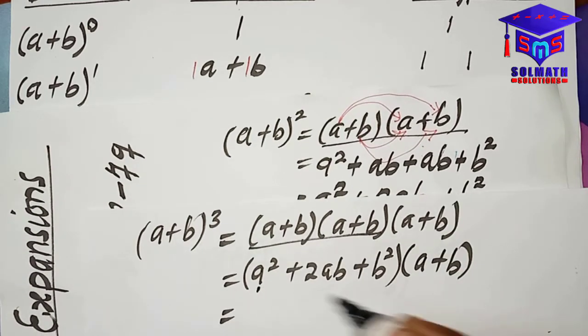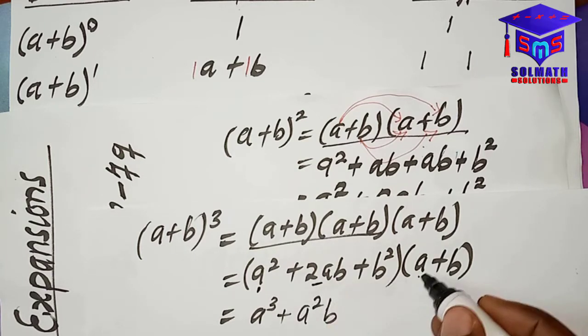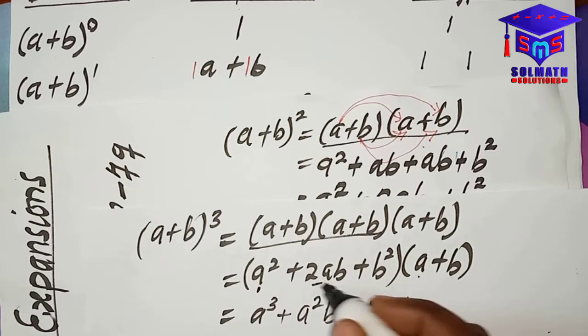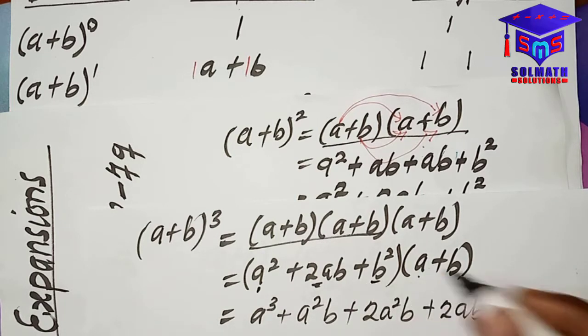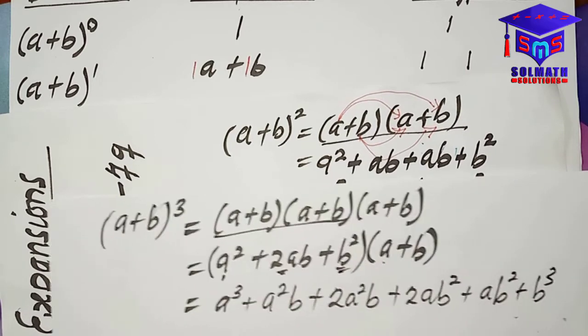So we have a squared times a will give us a cube, and then a squared times b plus a squared b. Then you're having 2ab times a, so we have 2a squared b, then 2ab times b, so we have plus 2ab squared. Then we have b squared times a, which is giving us ab squared. Then we have b squared times b, giving us b to the power 3, or b cubed.